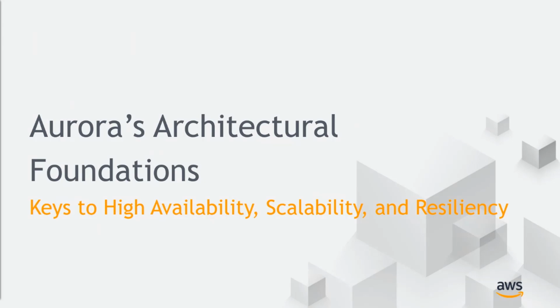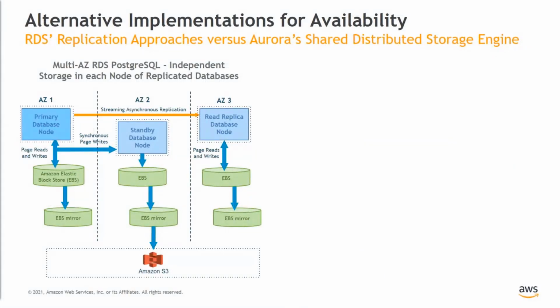Okay, so now let's get into the nitty-gritty. If you think about availability in the old days, on the left side of the screen, you see how it works in RDS today, or if you were using SQL Server or Oracle or some of the more traditional databases, you tended to scale out by creating replicas, but these replicas were independent copies of the database, and they had to be maintained using some sort of database replication technologies.